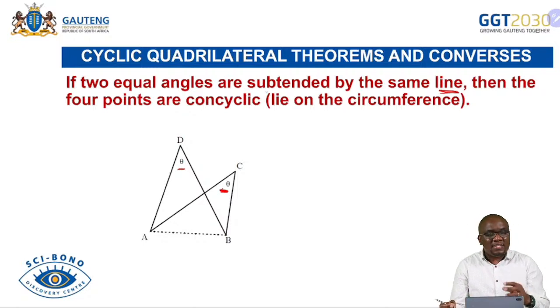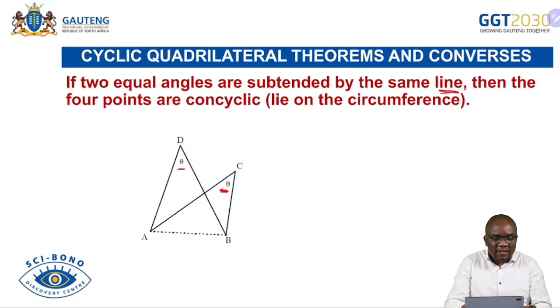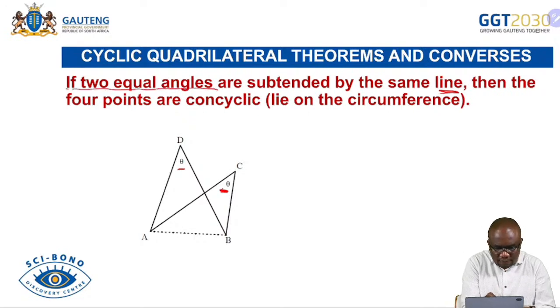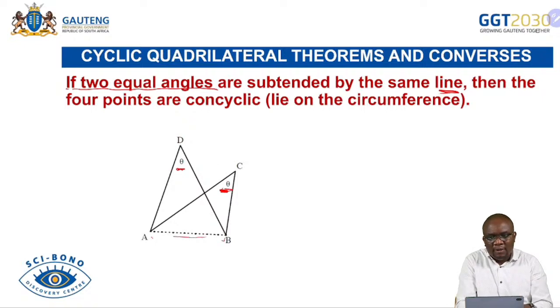They're lying on the circumference. Then we can talk about AB being the chord after we prove that ABCD is a cyclic quad. So we're saying that when the two equal angles, like this theta and this theta, are subtended by the same line, AB, then the 4 points, A, B, C, D, are concyclic. Don't forget that. Okay? Right.